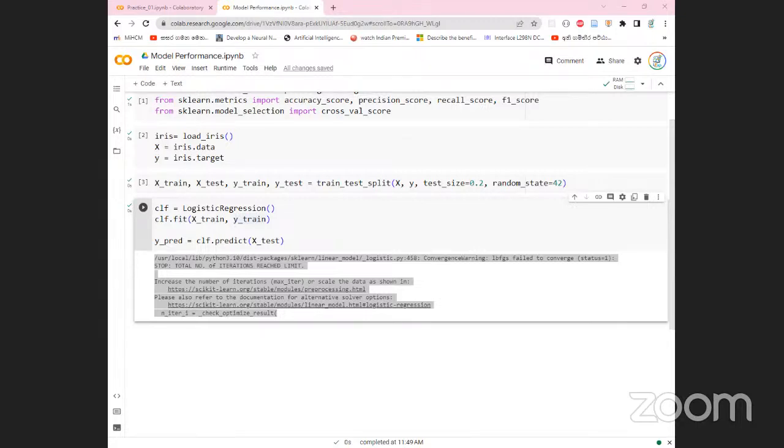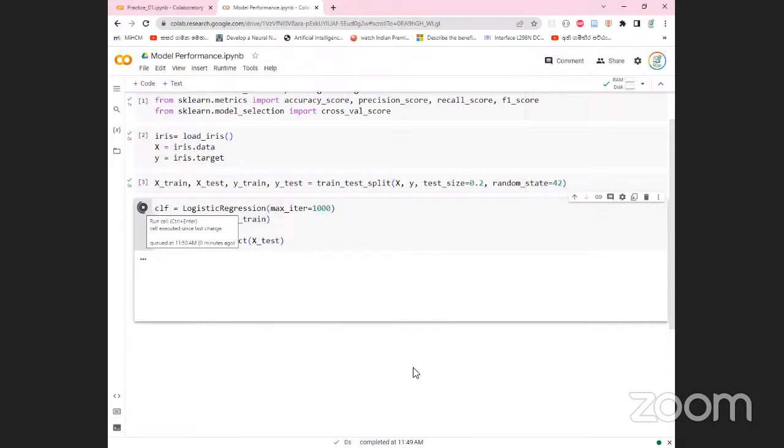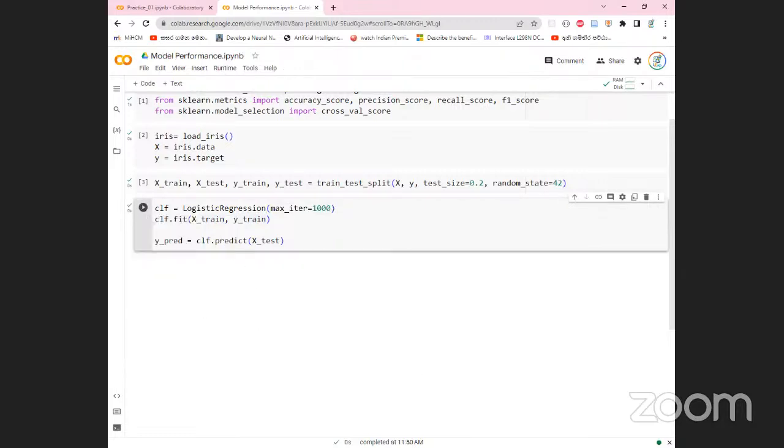So we will set the maximum iterations to 1000 because it's logistic regression. Then it will work out.